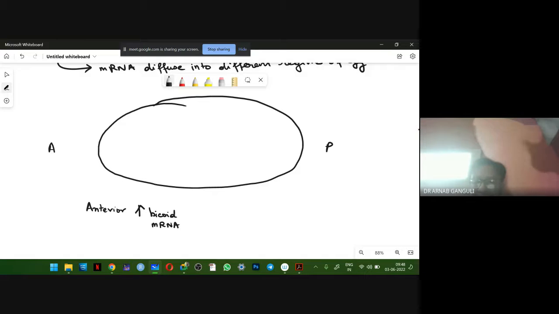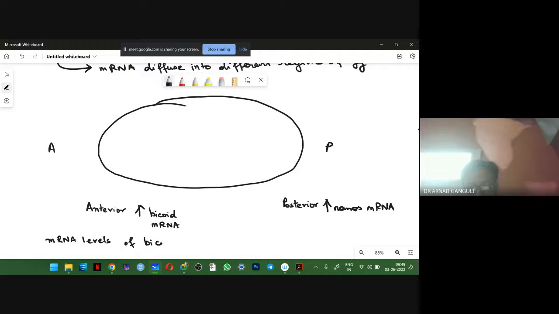And in the posterior region there is a high concentration of nanos mRNA. Now the mRNA levels of caudal and hunchback are the same throughout the egg.